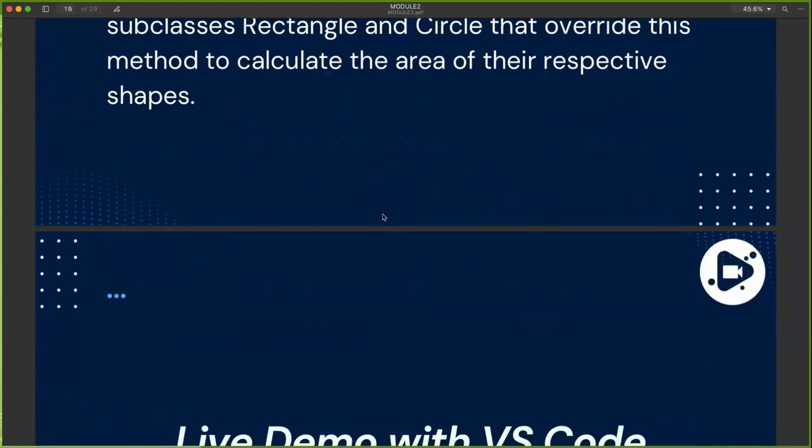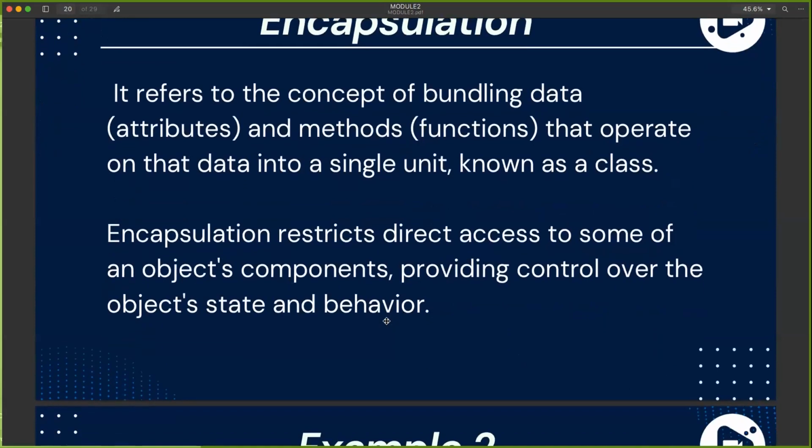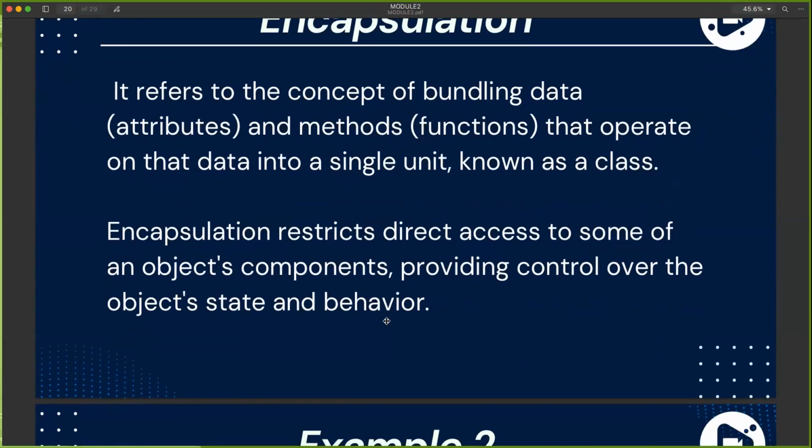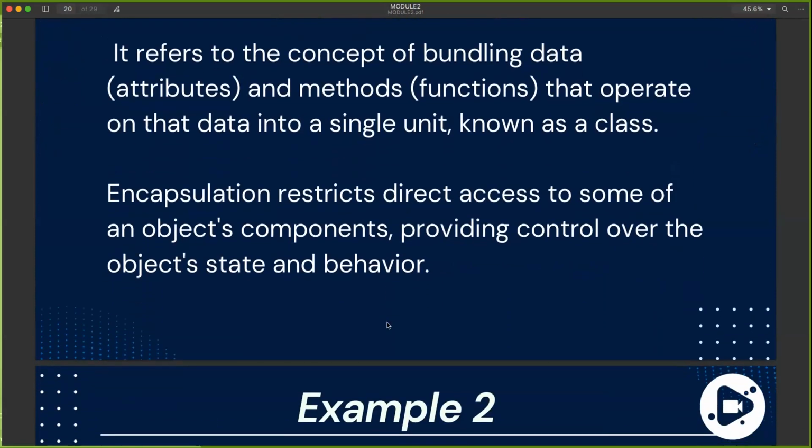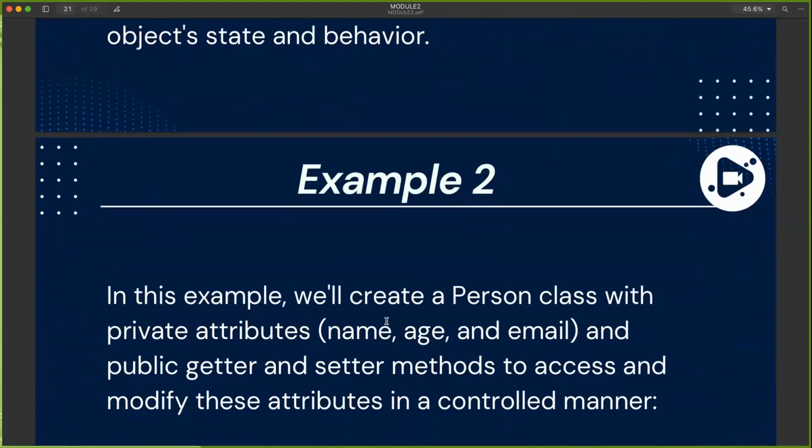using polymorphism. We also did some encapsulation, which we were trying to treat as bundling of data to see a person's attributes and how they operate. And then we're also able to look at how we can provide control to behavior, how we can modify some of those shapes.